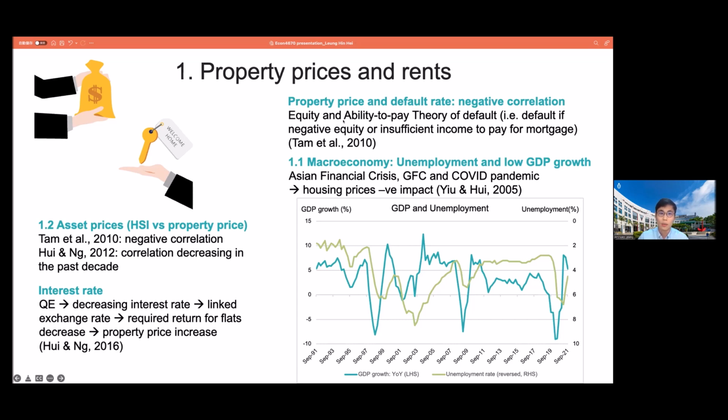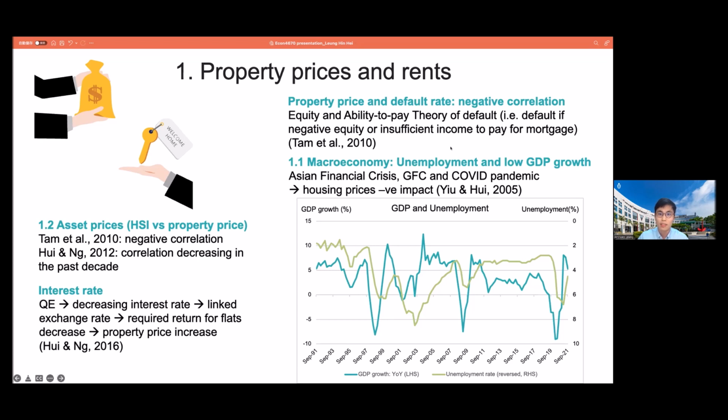Then, what factors will affect the property price? The first one is the macroeconomy, because under some extreme economic crises like the global financial crisis and the COVID pandemic, there might be a hit to the housing prices of residential properties.